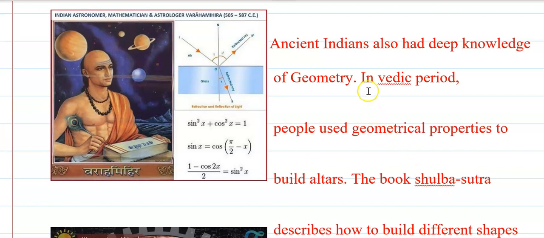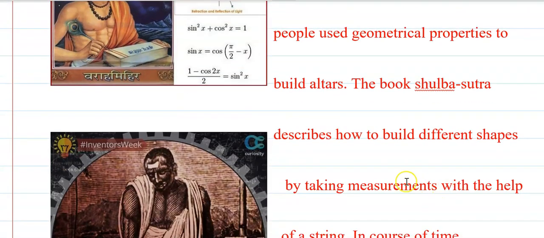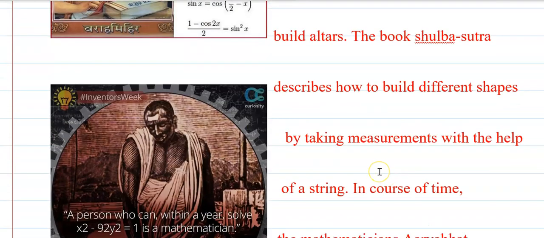Ancient Indians also developed knowledge of geometry. In Vedic periods, people used geometrical properties to build altars. The first book, Shulba Sutra, described how to build different shapes by taking measurements with the help of string.